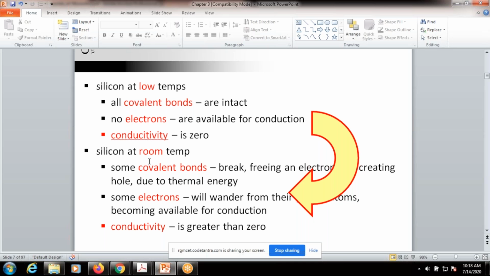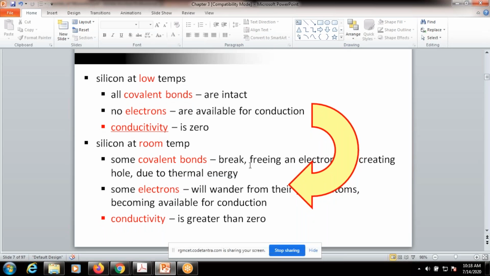Now some covalent bonds break, freeing an electron and creating a hole due to thermal energy. As temperature increases, at room temperature, some electrons acquire sufficient energy and break the covalent bond.